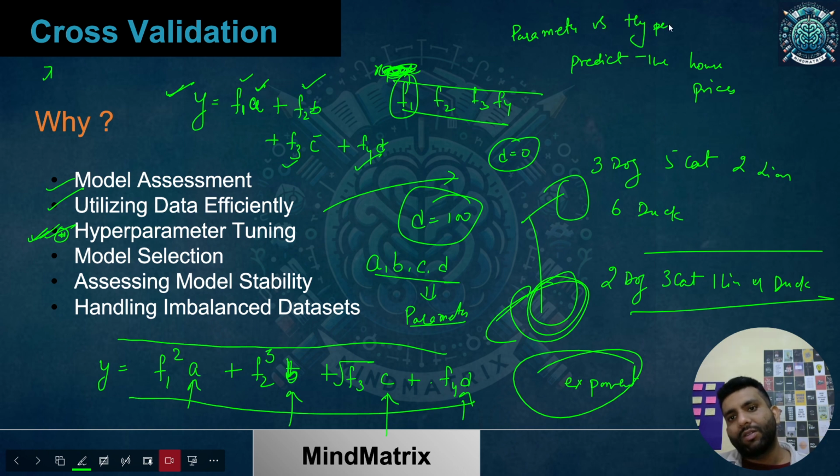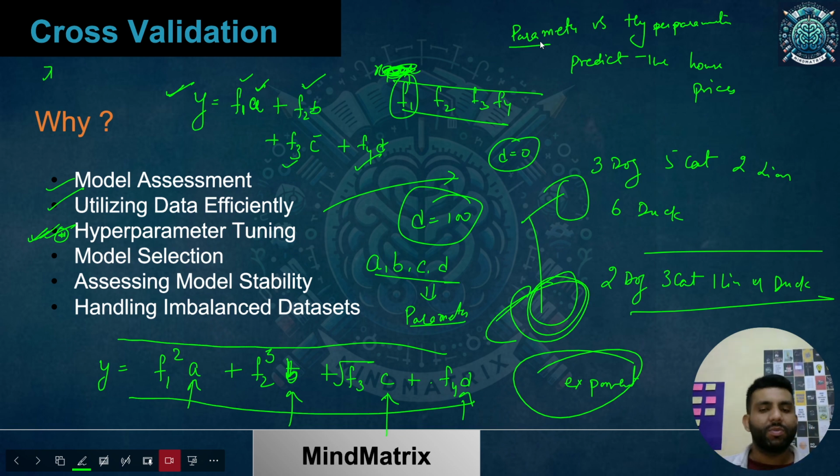This must be clear. Parameters are being learned by the machine learning algorithm, and hyperparameters are design choices which, once created, are not learned by the algorithm. They are something fixed by us who are designing and writing that algorithm.